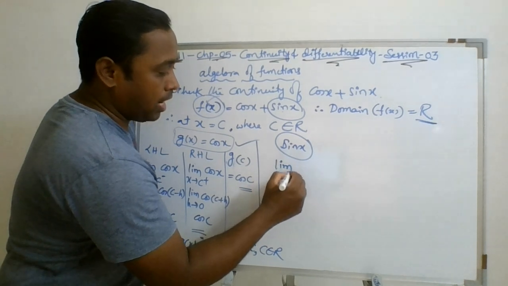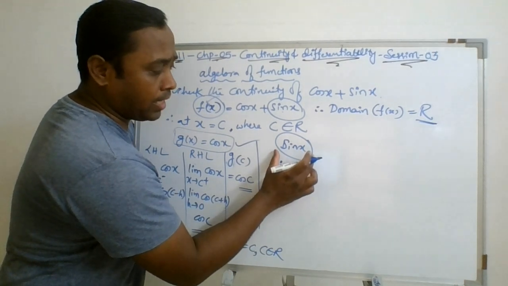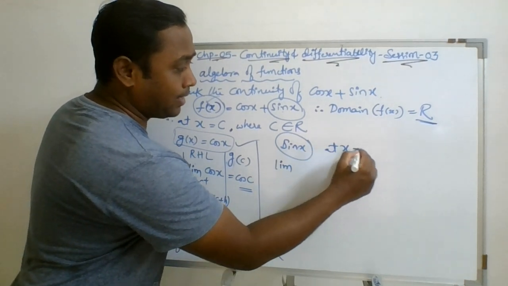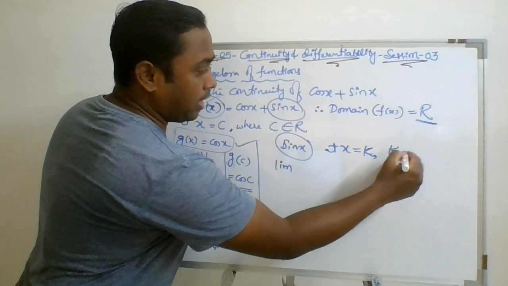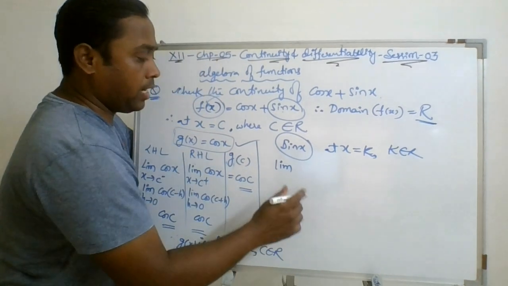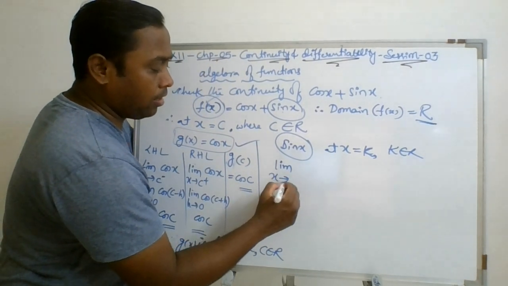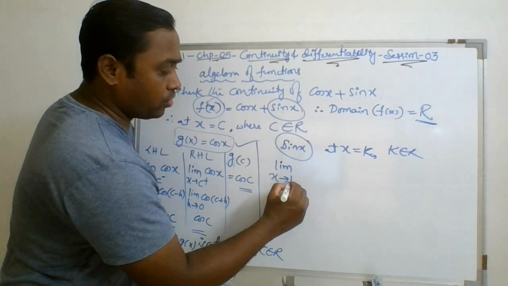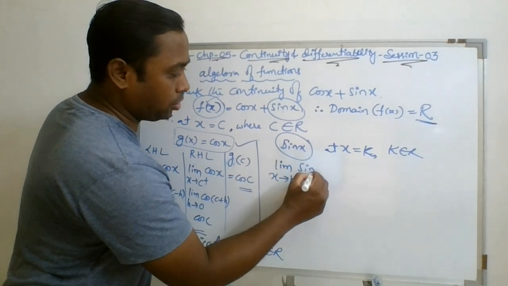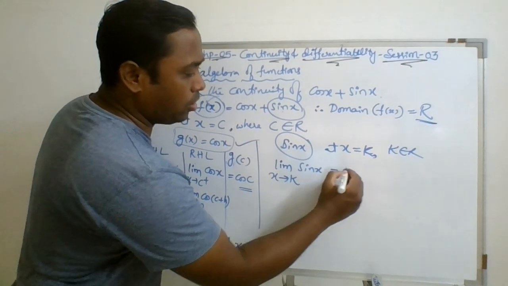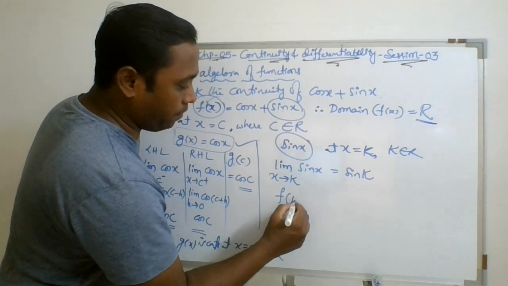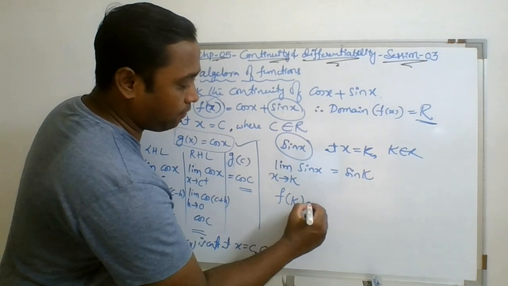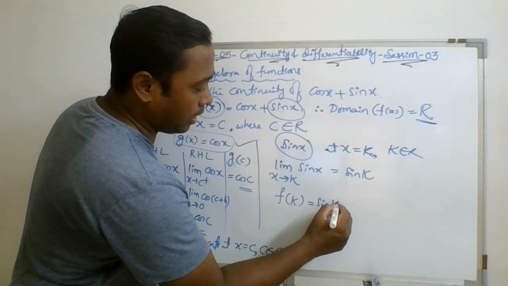See, I am checking the continuity of sin x at x equal to a constant, let us say the constant k, where k is any real number, right? So I'm directly writing the limit value. Limit x tends to k, the function is sin x. Then substitute the value k in the function, sin k. Then I find the value of the function at k: f of k will be sin k.